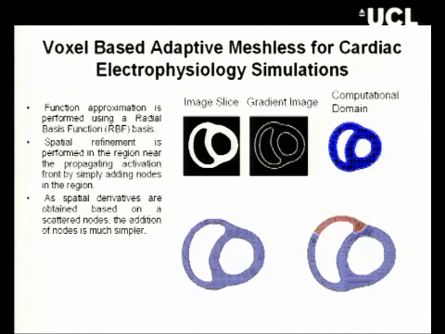Good morning. Today I'll be presenting our work on meshless methods for cardiac electrophysiology simulations, especially to model wave propagations. The motivation behind this work is that because of the irregular geometries that we obtain from the cardiac images, we would like to work directly on the voxels of the images, alleviating the need to make a mesh.